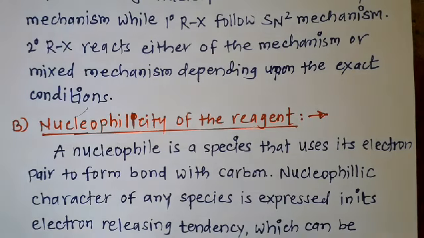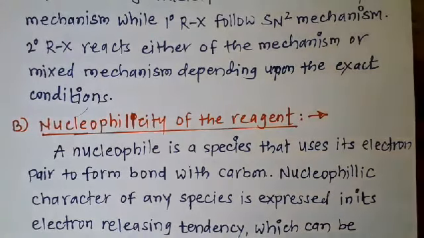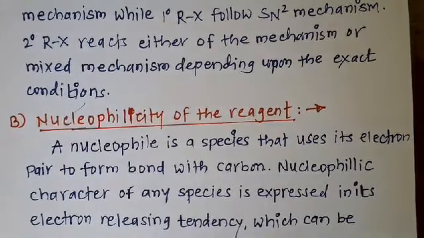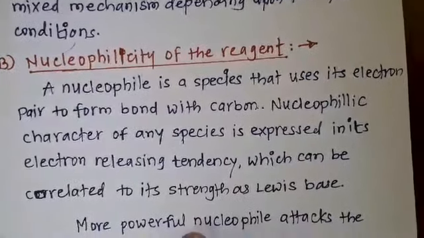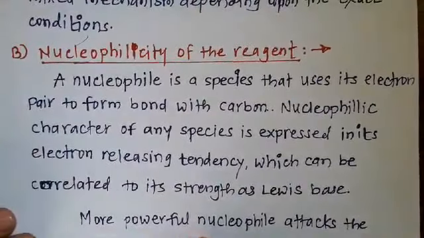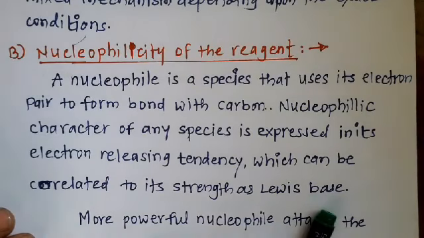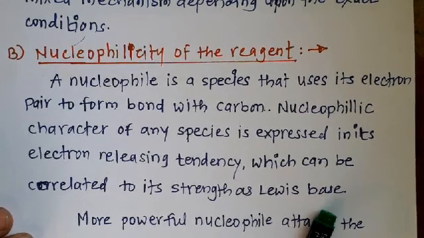The next factor which influences the rate of SN1 and SN2 reaction mechanisms is the nucleophilicity of the reagent. In both types of reaction mechanisms we use a nucleophile. In the SN2 reaction mechanism, the nucleophile is used in the first step because SN2 has a single step.